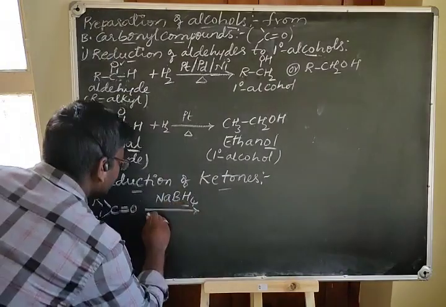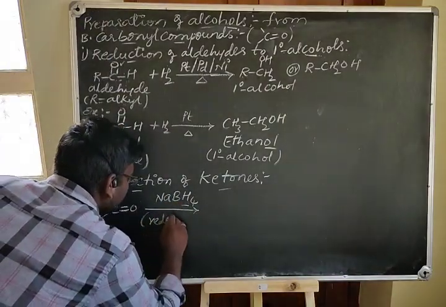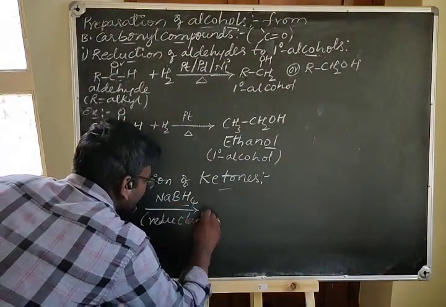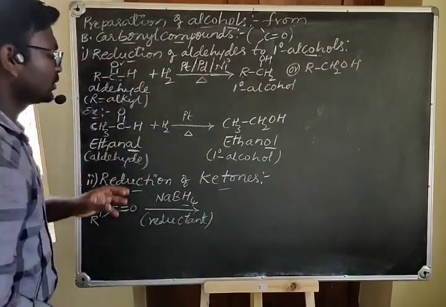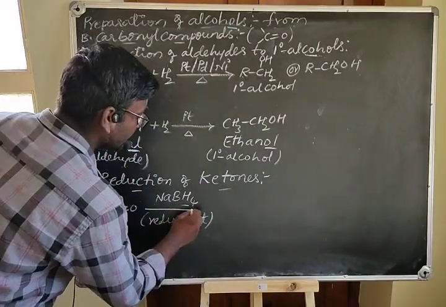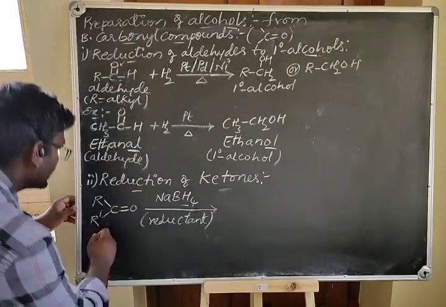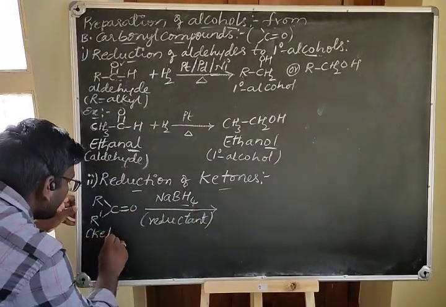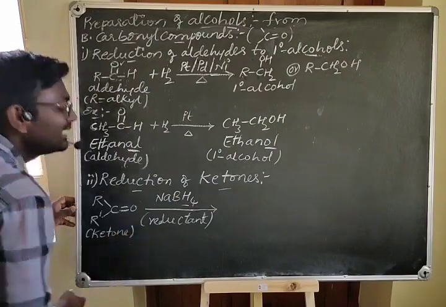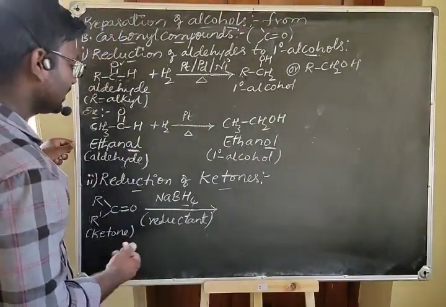Now this is called a reducing agent, or you can call it a reductant. So sodium borohydride is a reducing agent which reduces the ketone to the secondary alcohol. How?